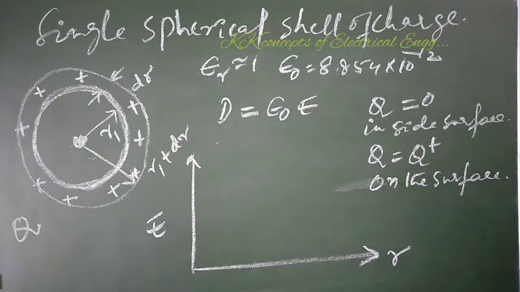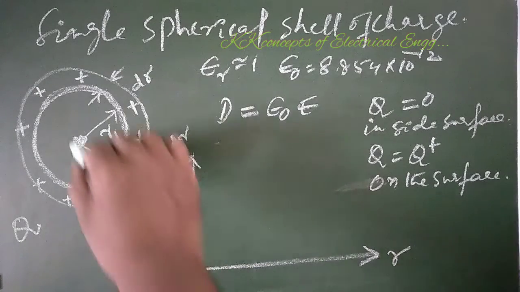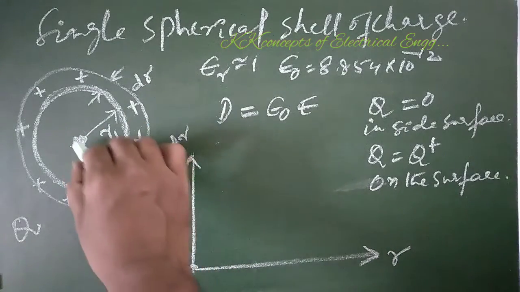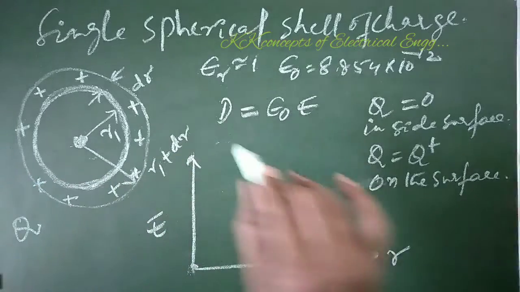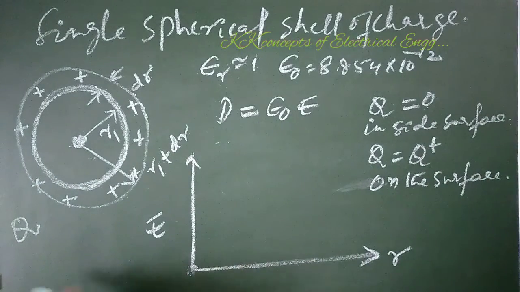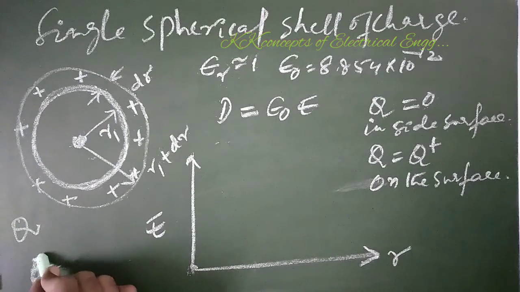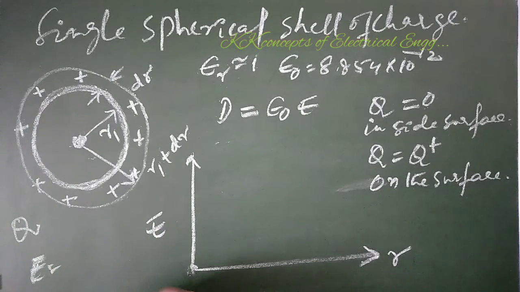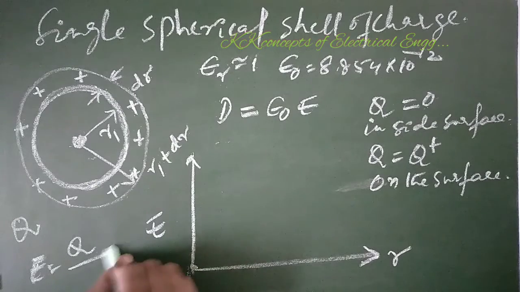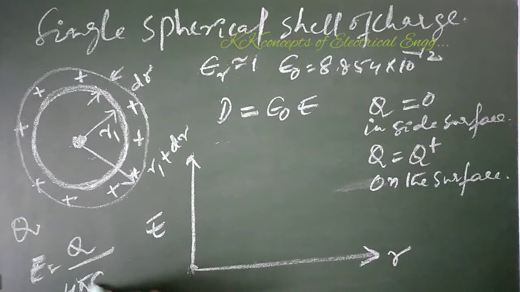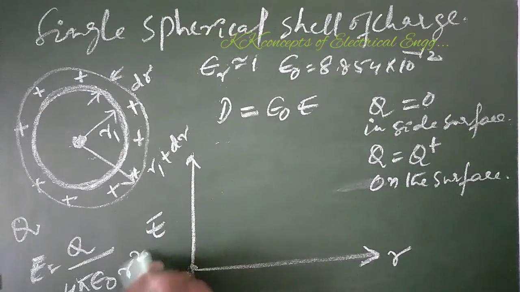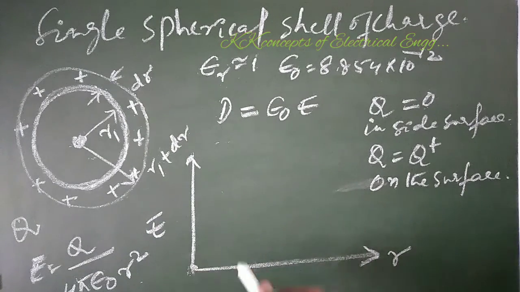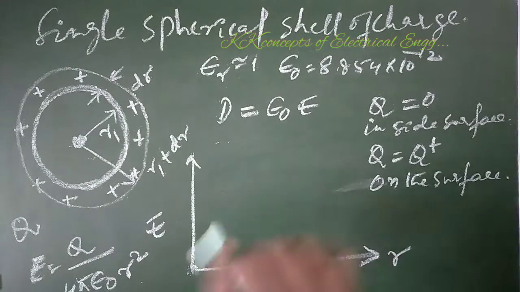This is R. When R is 0, that is inside the sphere where there is no charge, we have a formula, E equals Q by 4 pi epsilon naught R square, where R is the distance between the charge and the point where we are finding the electric field intensity.